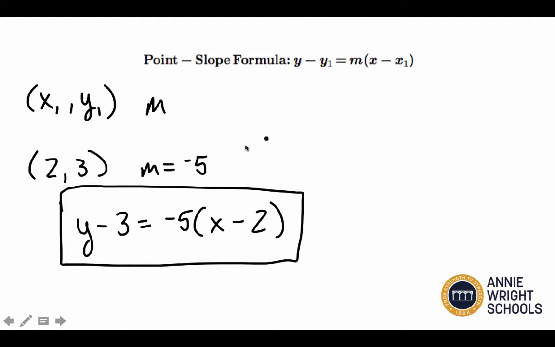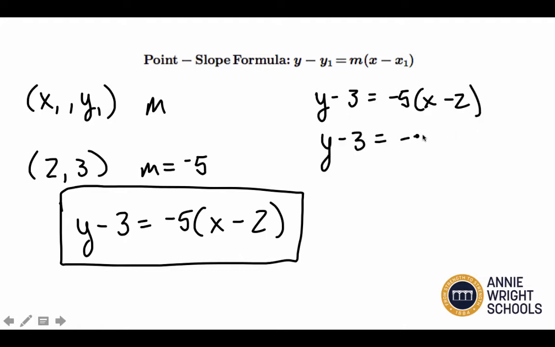What's also really great about this is if I ask you to write the equation of a line in slope-intercept form, you start with point-slope, and then to get to slope-intercept form, all you need to do is solve for y. So notice when you distribute the -5, you get a plus 10 here.